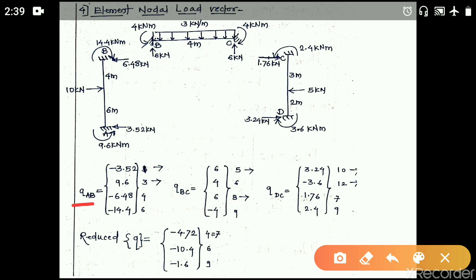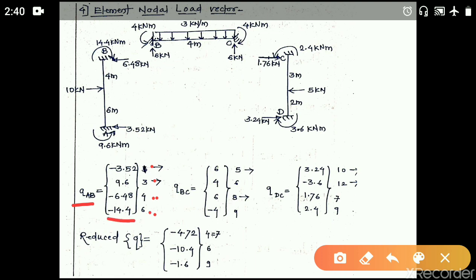Like this QAB, the element nodal load vector for member AB. The associated displacements, which we know from the element stiffness matrix, relate to degrees of freedom number 1, 3, 4 and 6. Here 1 corresponds to horizontal translation, number 3 is rotation, 4 is translation and 6 is rotation.